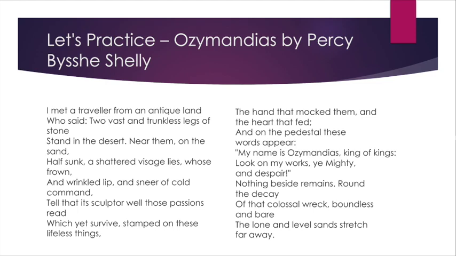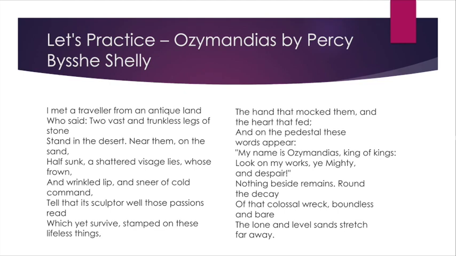I met a traveler from an antique land who said, "Two vast and trunkless legs of stone stand in the desert. Near them on the sand half sunk a shattered visage lies, whose frown and wrinkled lip and sneer of cold command tell that its sculptor well those passions read, which yet survive stamped on these lifeless things, the hand that mocked them, and the heart that fed.